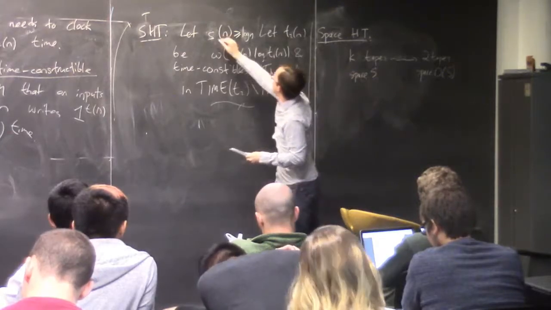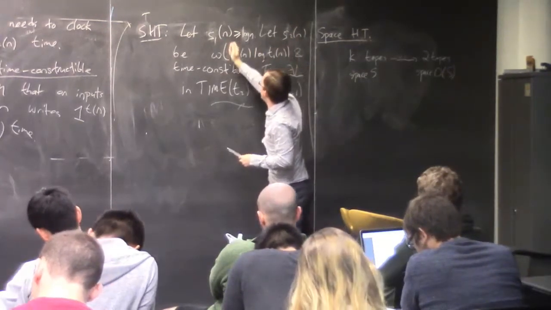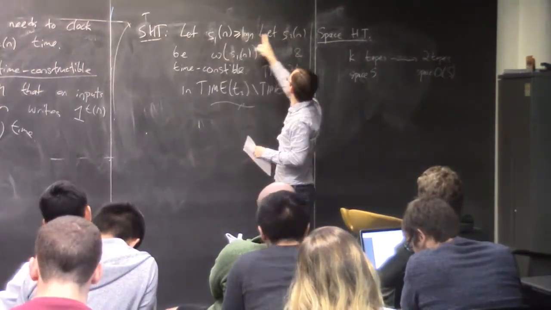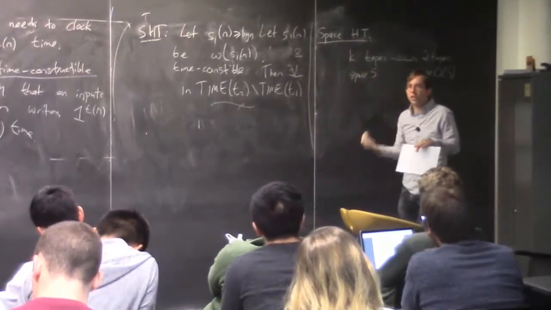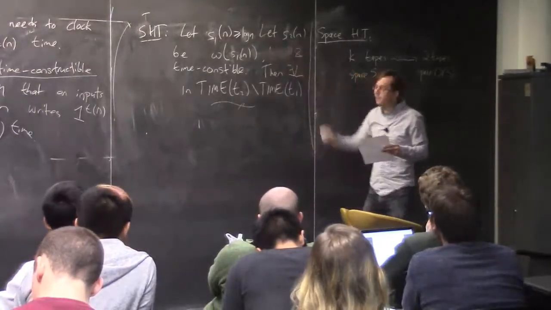Let me call it S1, and let S2 be little omega of S1. In other words, S1 just has to be strictly little o of S2, so that any big O of S1 can be beaten by S2.